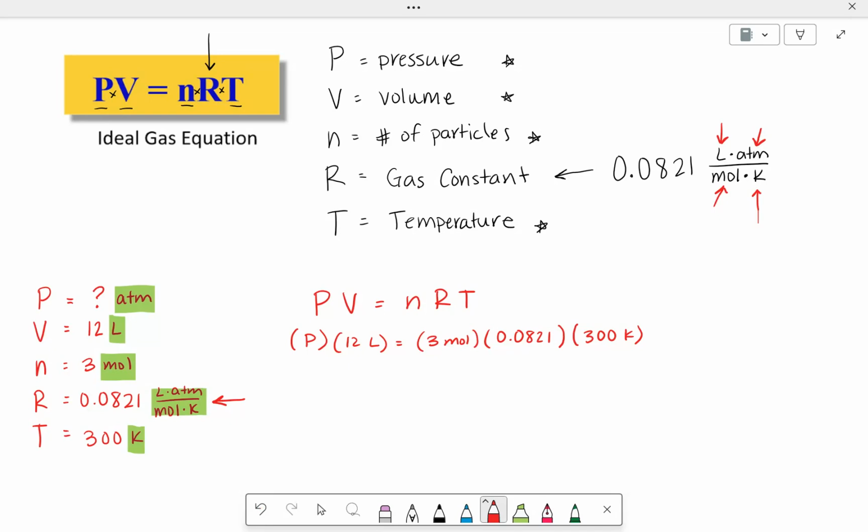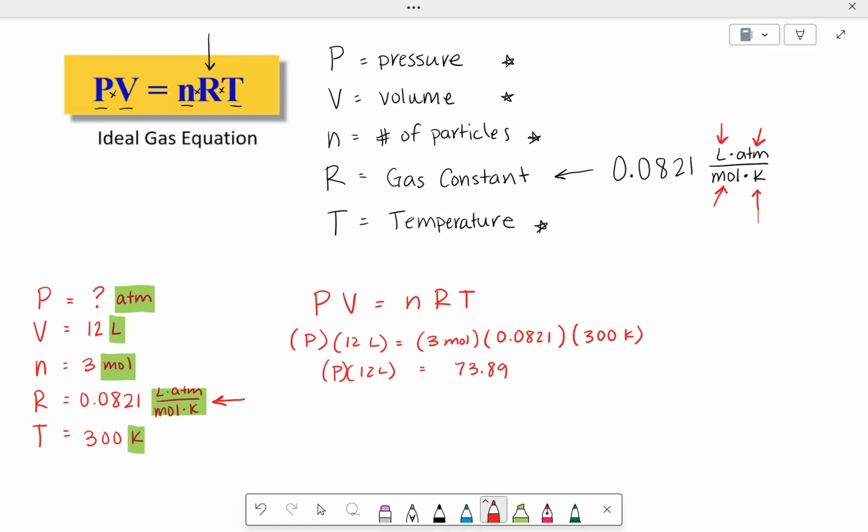So this first method is just plug and chug: plug in your numbers, so that you can multiply all of your numbers together. 3 times 0.0821 times 300 is 73.89. Then we have P times 12 liters equals 73.89.